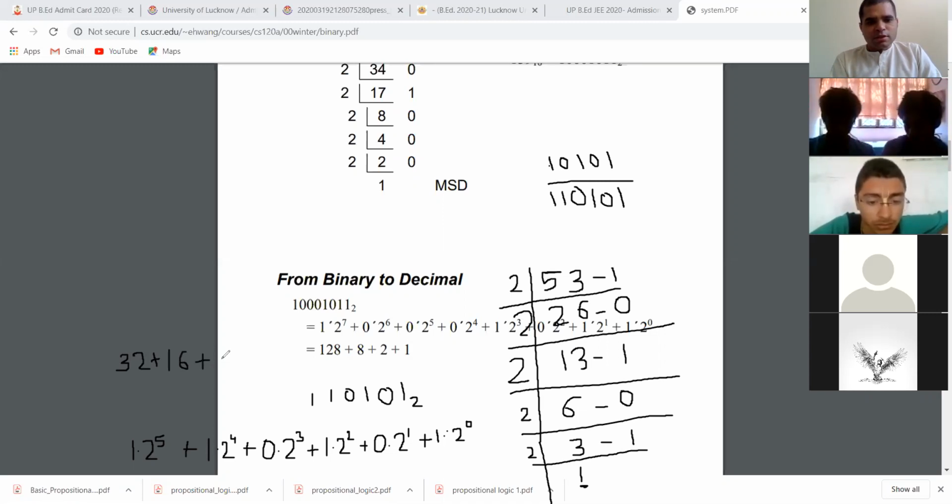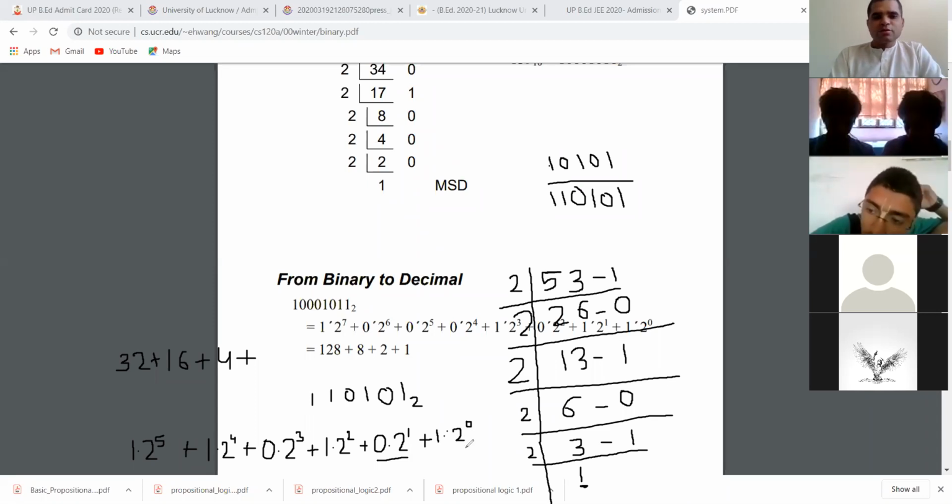Plus 0. 0 is not required to write. Then 2 to the power 2, plus 4. Plus 0 into 2. Last term is 1. 2 to the power 0 is 1.